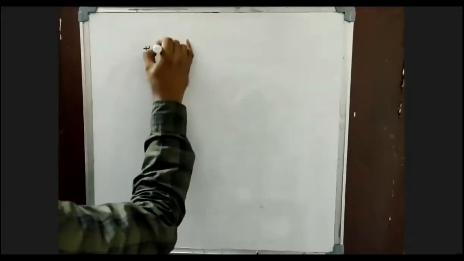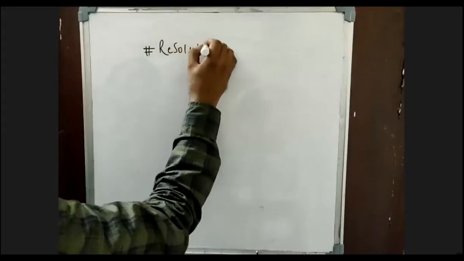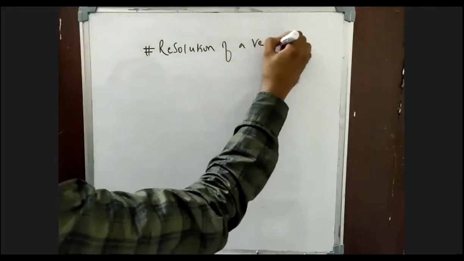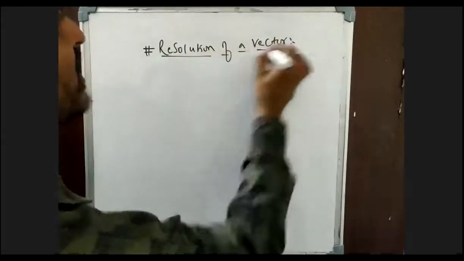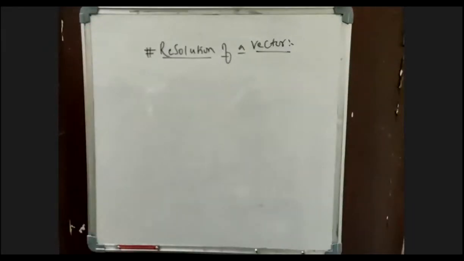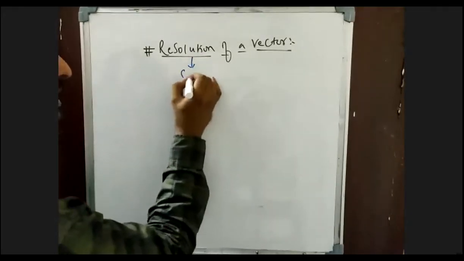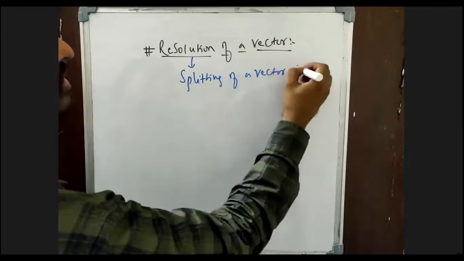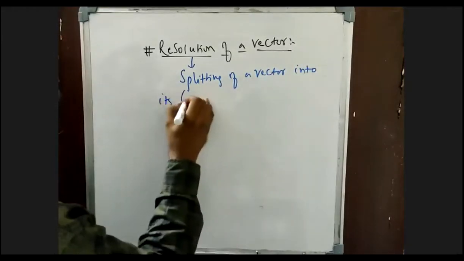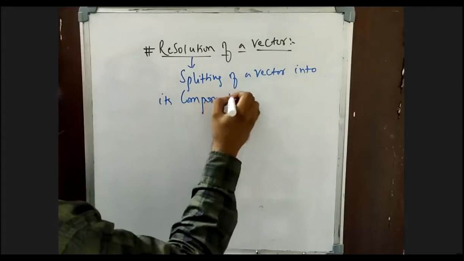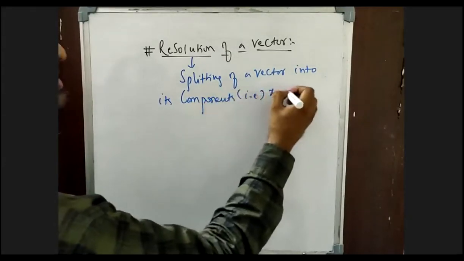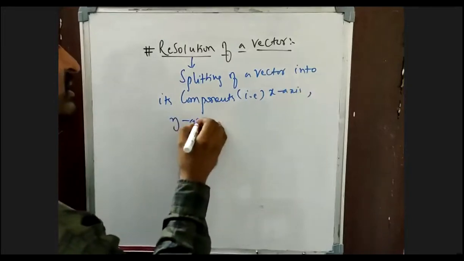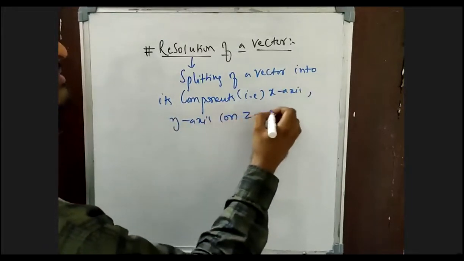Next heading, resolution of a vector. Resolution of a vector is nothing but the splitting of a vector into its components, that is x-axis, y-axis, or z-axis.